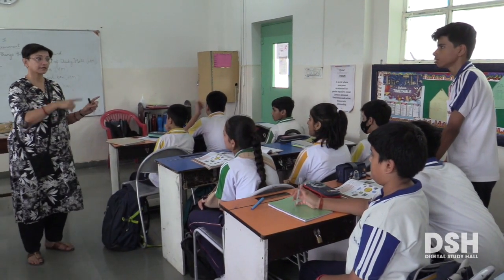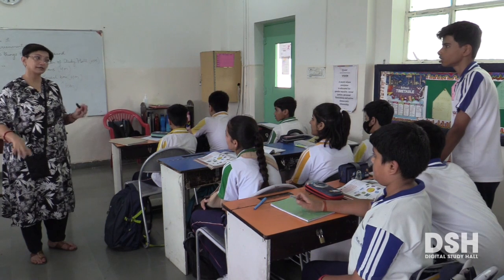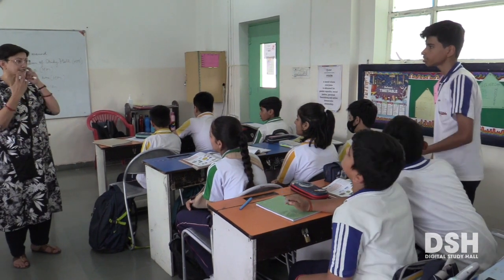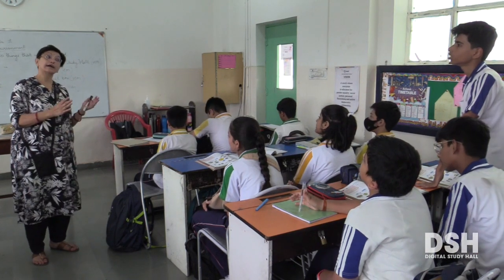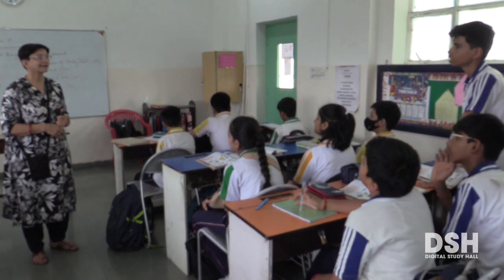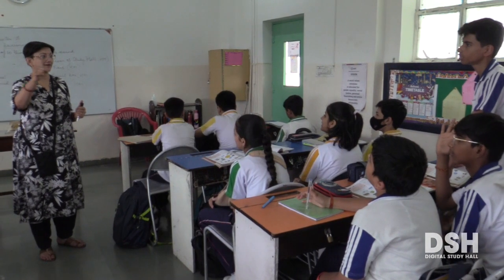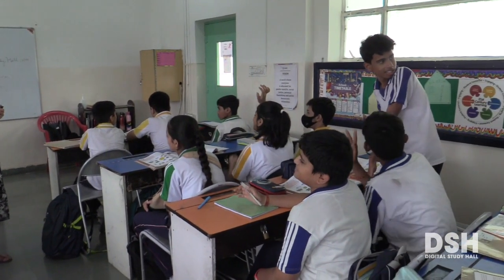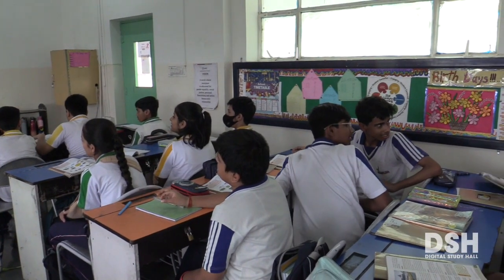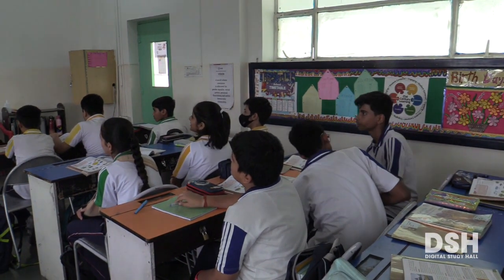What is environment? Your surroundings. Say it loudly. What you are saying is right. Our surroundings. So now put the word surrounding under atmosphere. Athar? Ma'am, atmosphere is the layer of air that surrounds the earth. Surrounds.